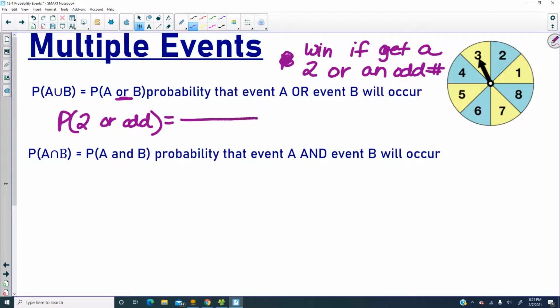Remember, I'm going to do the number of favorable outcomes, favorable meaning what you're trying to figure out the probability of, out of the total number of outcomes.